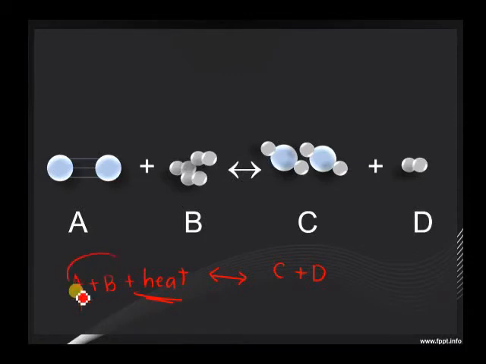Now, because we added heat on this side of the equation, the reaction is going to progress in the forward direction. It's going to progress towards C and D because we added more heat. The more heat, the more likely the reaction will progress in the direction with less heat.